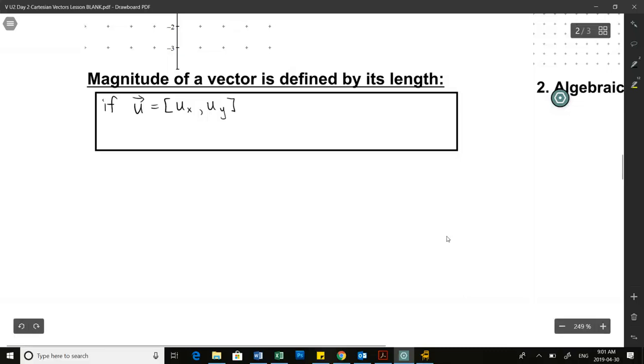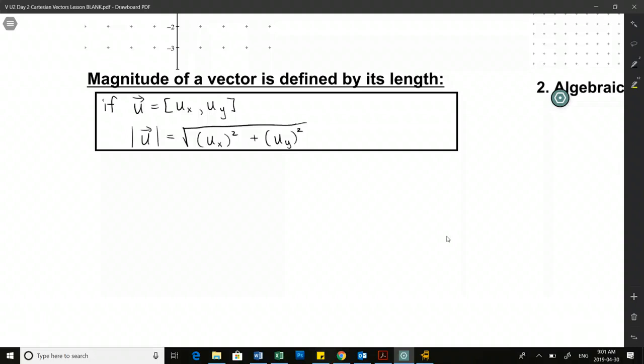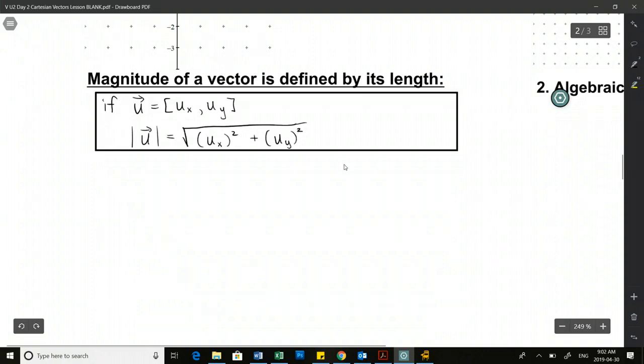So what we end up doing in order to find the magnitude of our vector is we'll just take the square root of the x-coordinate squared added to the y-coordinate squared. Sorry, I said that kind of weird, but each coordinate squared and added, and then we take the square root of the whole thing.